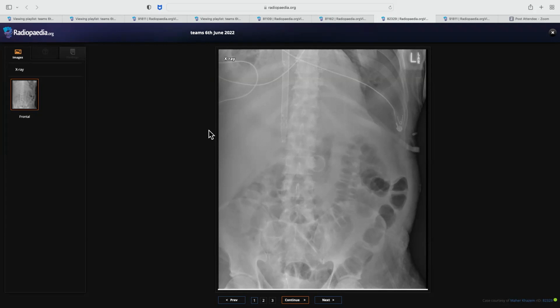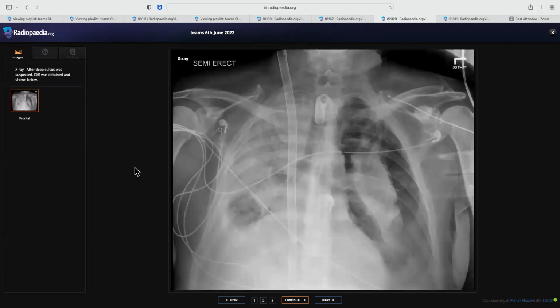You can ignore the stent as of now; we'll discuss that later on. But do you see any findings? I feel as if there is a deep sulcus sign on the left side. So what does that indicate? Pneumothorax. Okay, so that was a chest X-ray for the same patient.